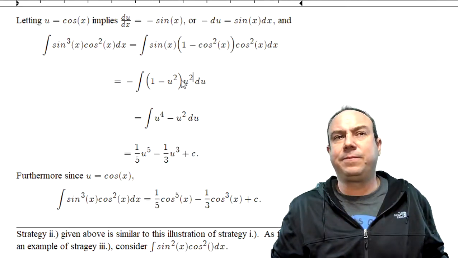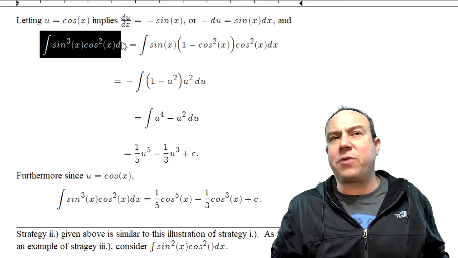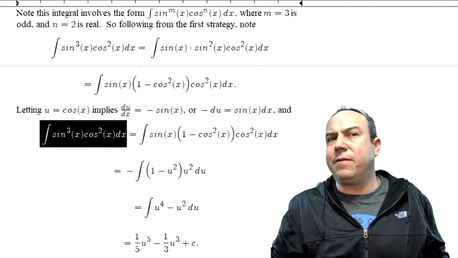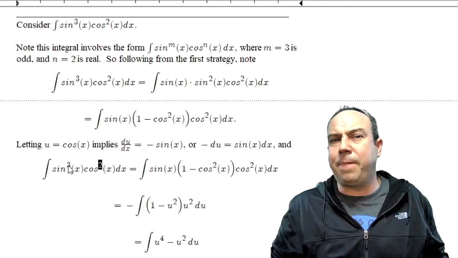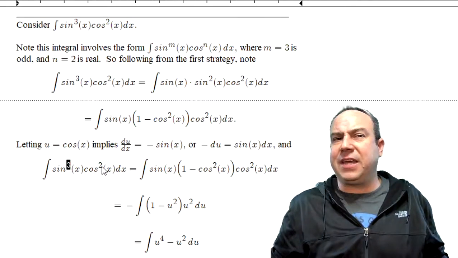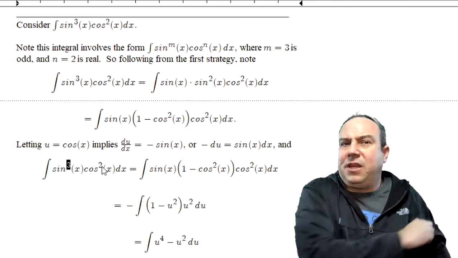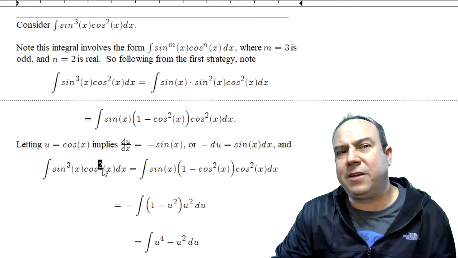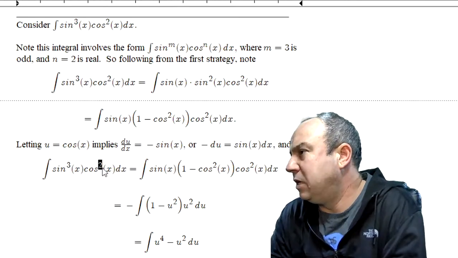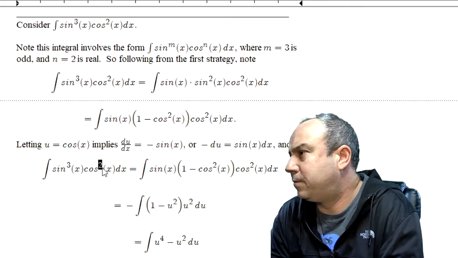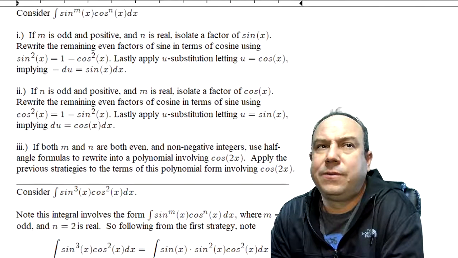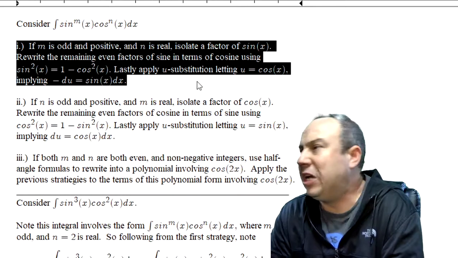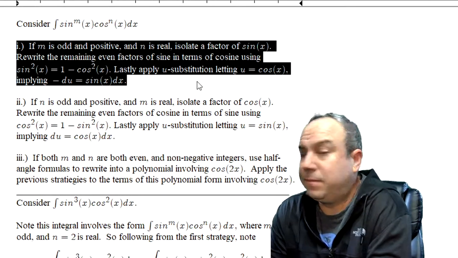And this was all a strategy given to us from the list above, due to the fact that we're looking at a sine times a cosine, where the power of the sine is odd, it's 3, and the power of our cosine is real, it's 2 in value. That is what strategy 1 is describing up above.